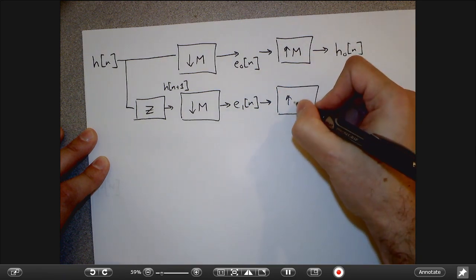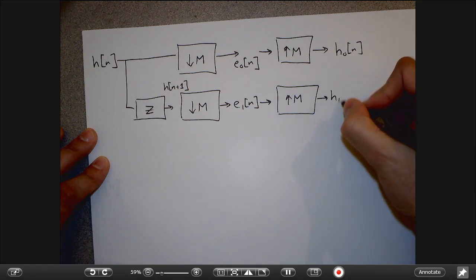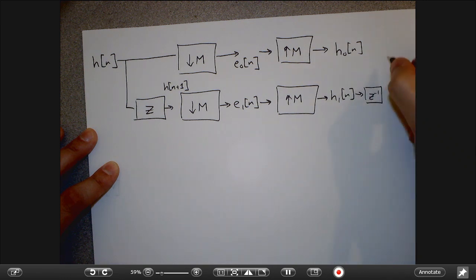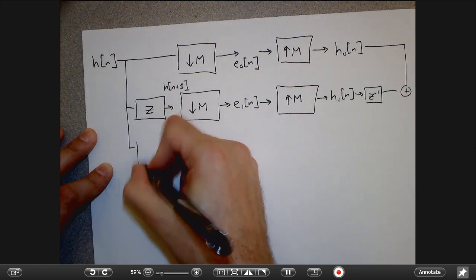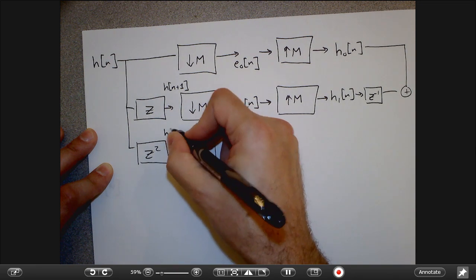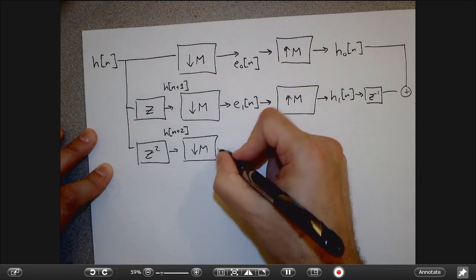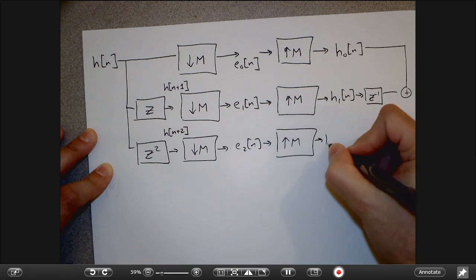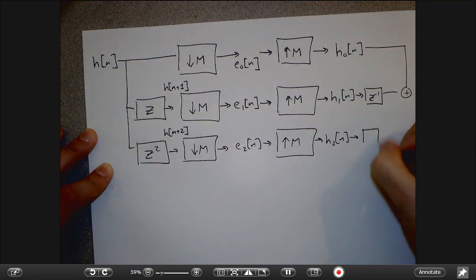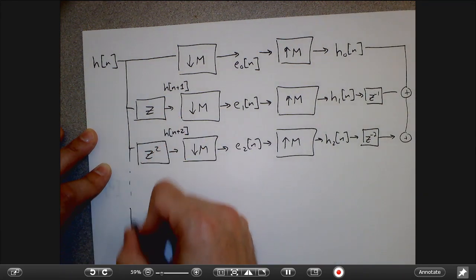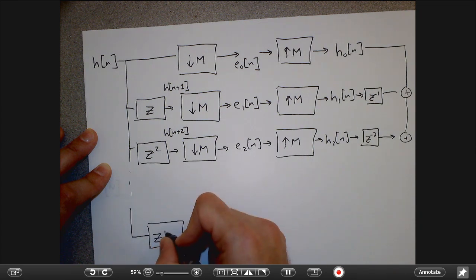And then if I wanted to put it back together, I would upsample this thing, shift it, delay it by 1 unit, and then add it up to this. And so I can draw a diagram that says, okay, this is what I would get if I were to do the 2 decomposition and so on. And this keeps on going for however many of these polyphase pieces I have.